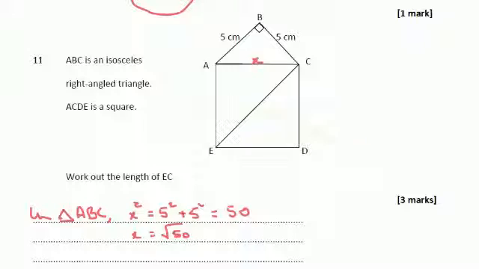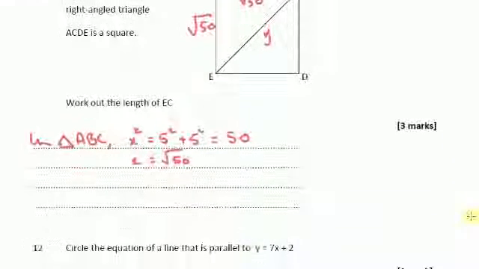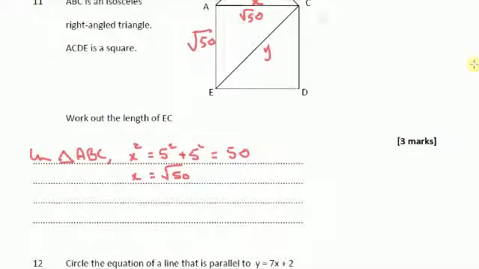Then we can now move along to this square, and inside the square, that diagonal is part of a triangle. We've got square root of 50 along x there, and because it's a square, it's the same on this side here. So all we want to know is that side, which I'll call y. So y squared, because it's Pythagoras, there's a right angle there, it's a square.